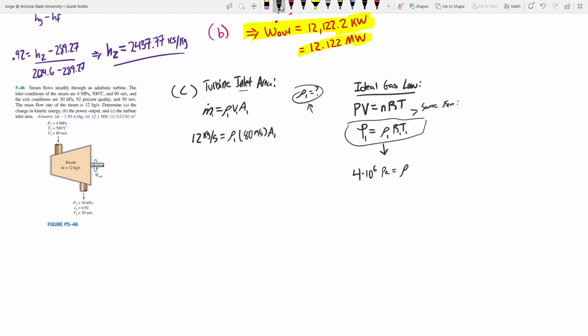The density 1 we're trying to find, R1. So that's the specific gas constant of steam. So we actually have tables for this.